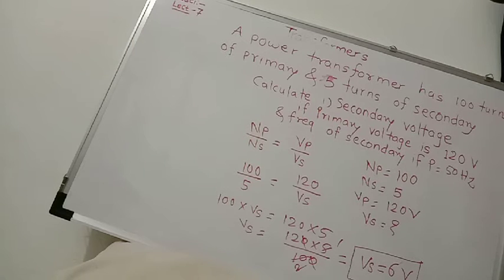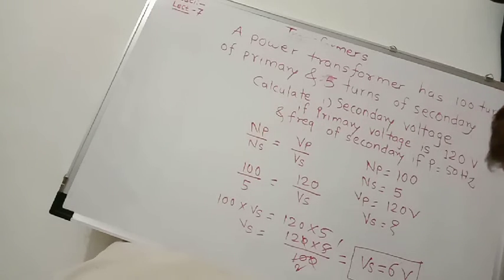Output power means secondary voltage into secondary current, that is Vs into Is. Input power is primary voltage into primary current, that is Vp into Ip. So Vs into Is divided by Vp into Ip and into 100 is called the percentage efficiency.